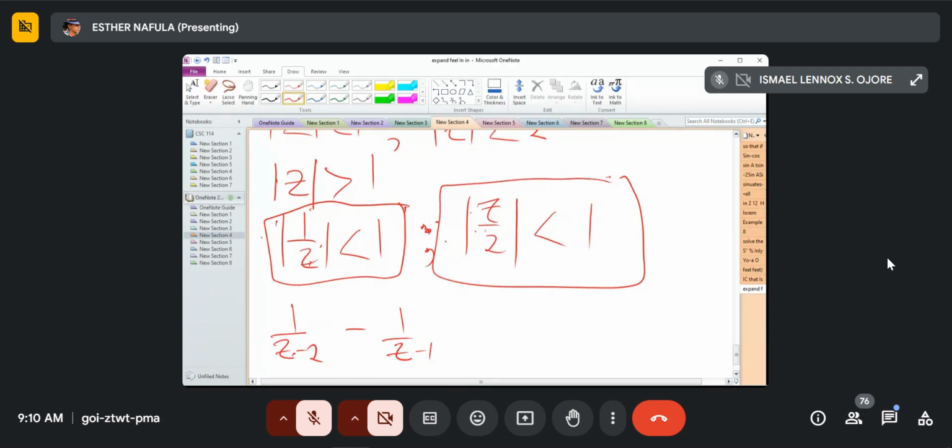In which fraction are you likely to arrive at a 1 over z without any struggles? That should guide your choice of which condition to apply on which particular fraction. So where do we apply mod 1 over z less than 1, and in which fraction do we apply mod z over 2 less than 1?